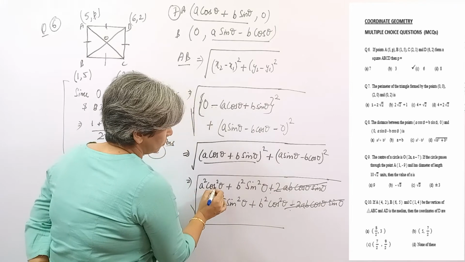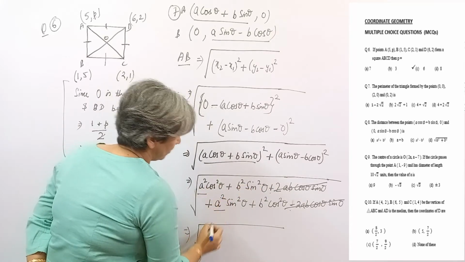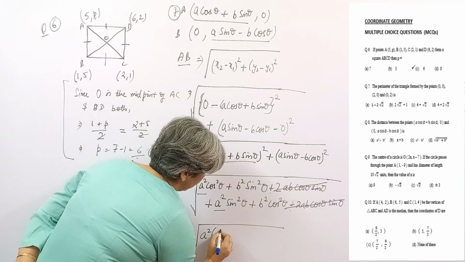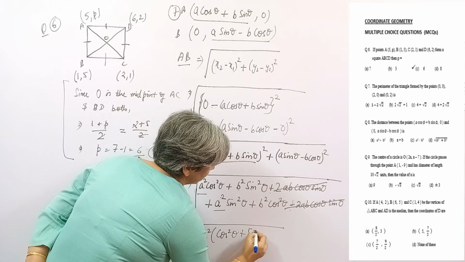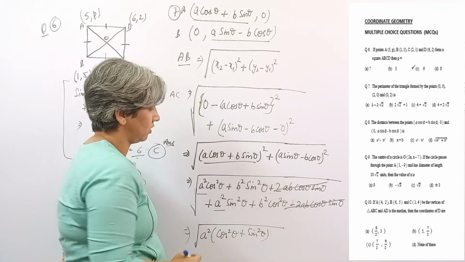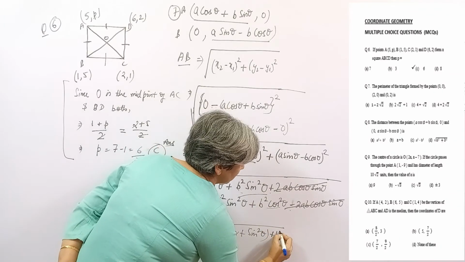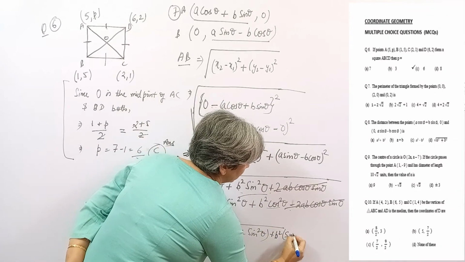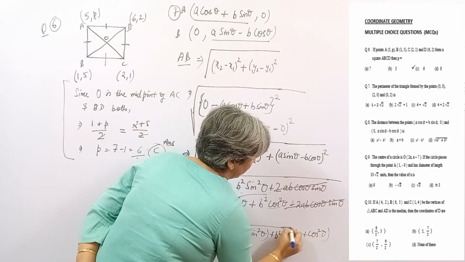Then we have a square cos square theta, b square sin square theta. So a square we can take common. We'll get cos square theta plus sin square theta, right? Same way here also we'll take b square common. We'll get sin square theta plus cos square theta.